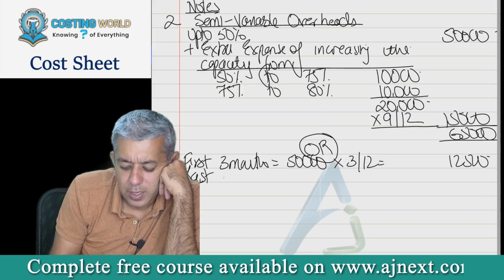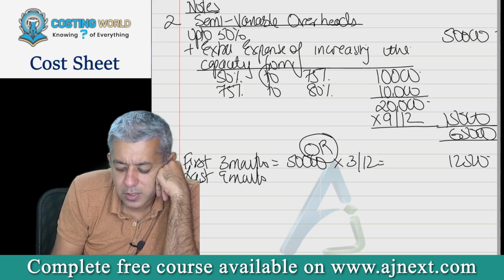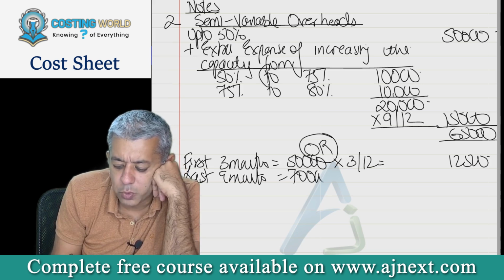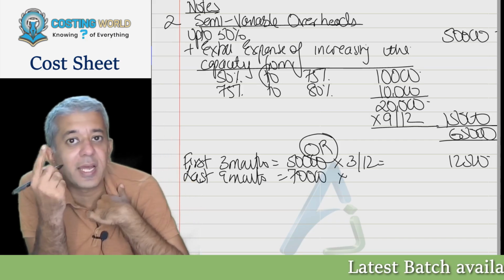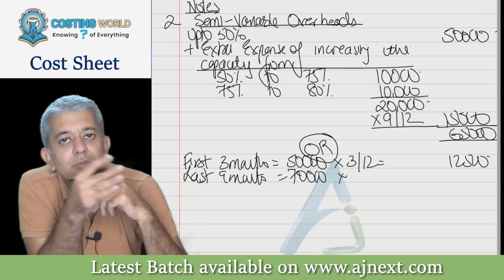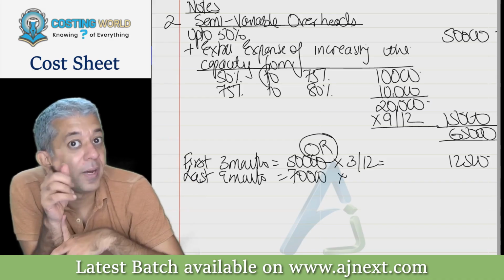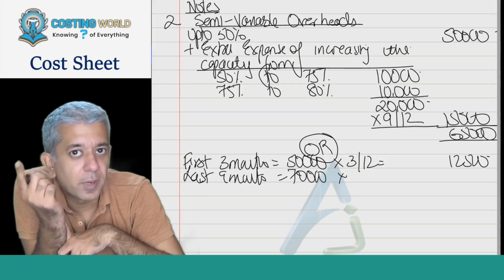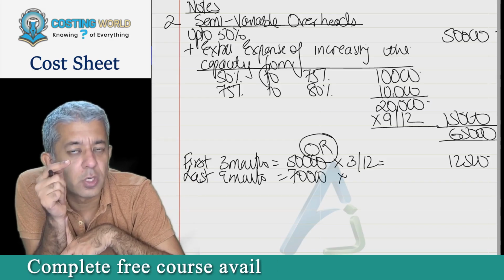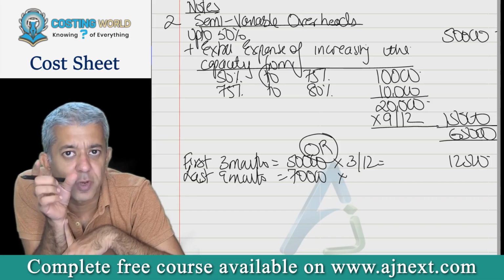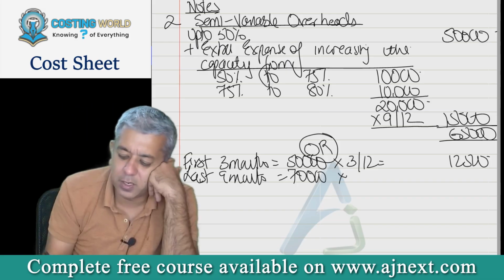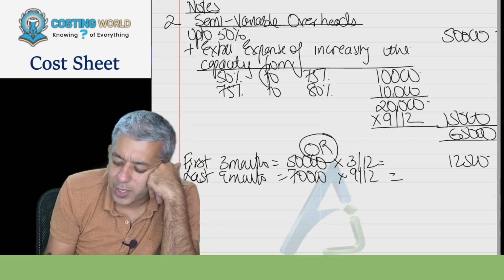Last 9 months, can we say it will come to 70,000 rupees for the entire year? 50,000 per annum, 10,000 per annum, 10,000 more per annum. So therefore it will come to 70,000 per annum into 9 by 12.